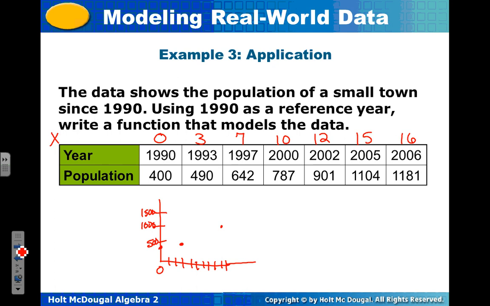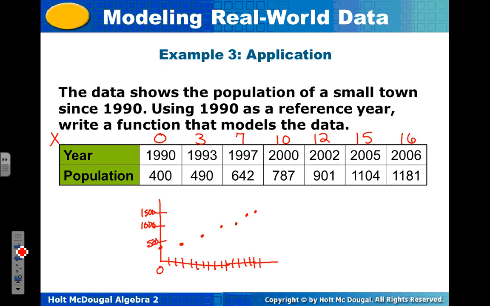This one's probably actually down just a touch. 11, 12 would be 901, 13, 14, 15, that's 1100, this is up in here. And then 16 would be just right above that one.